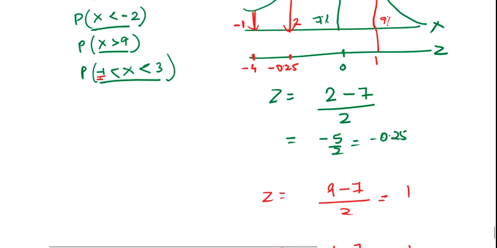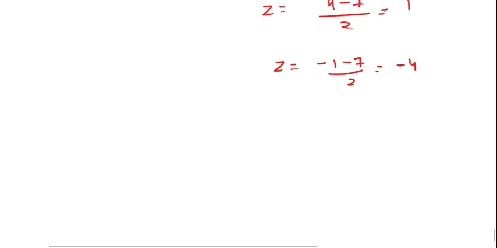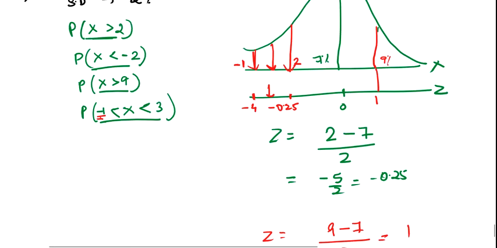Clear? Now when x equals 3, your value is going to come somewhere between minus 4 and minus 0.25. So when x equals 3, 3 minus 7 divided by 2, it is going to be minus 2. Clear?